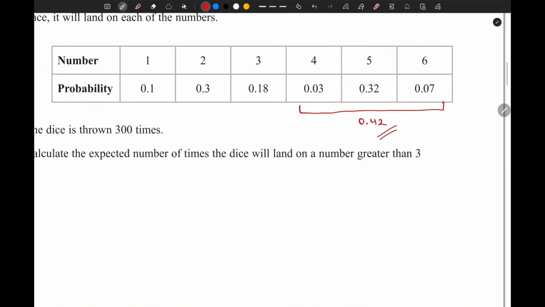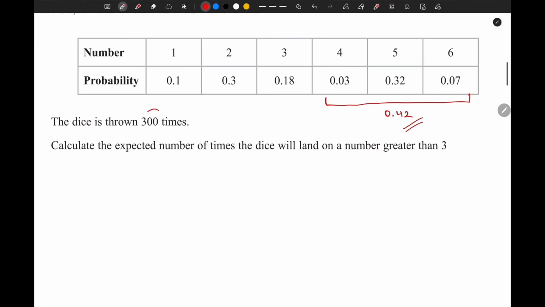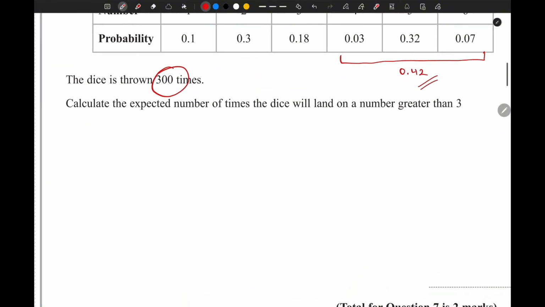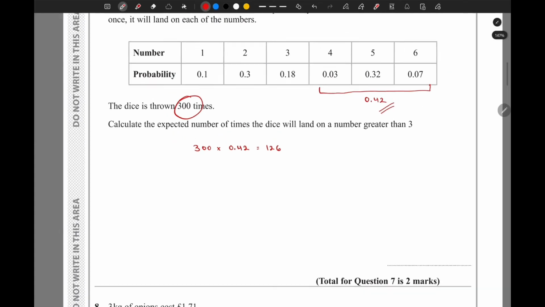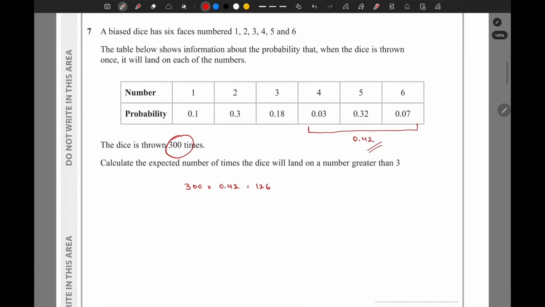Now, if we multiply the probability with the frequency, we will get the expected number of times the dice will land on a number greater than 3. So the answer would be 300 times 0.42, which is 126. So that is the answer to this question.